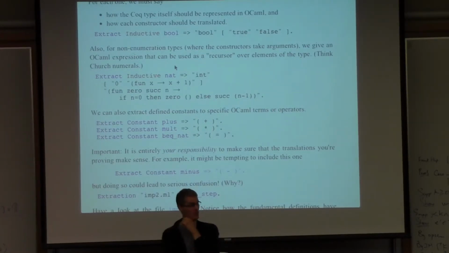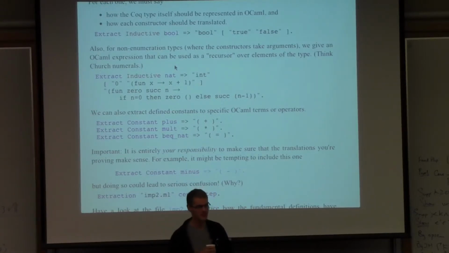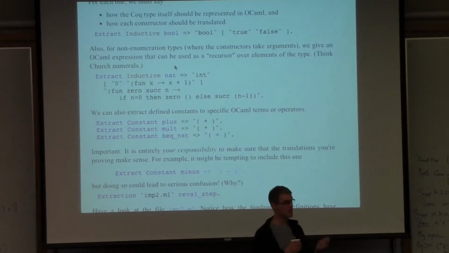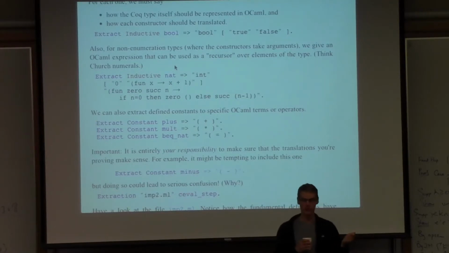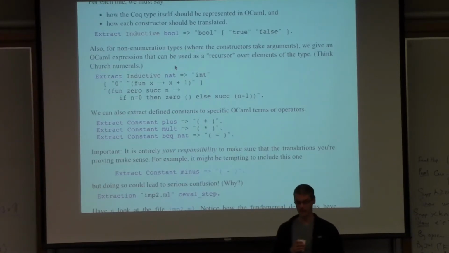You can probably see why, but does somebody want to say? You'll get negative numbers. And you don't want negative numbers showing up in your programs. So the definition of minus that we wrote in terms of unary numbers gets pegged at 0 and doesn't go below. And this one would go below, so it would lead to craziness.